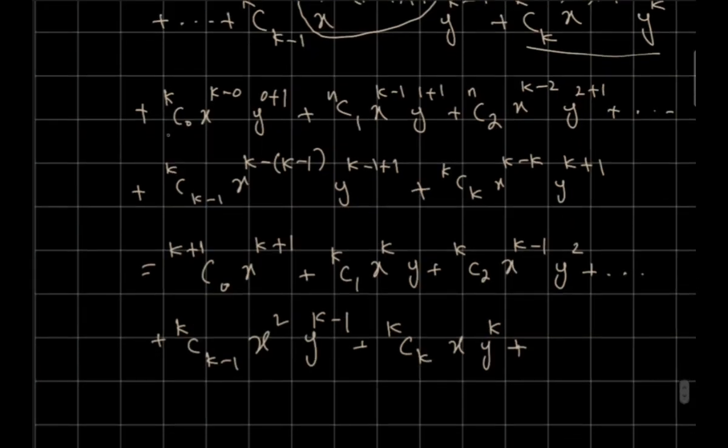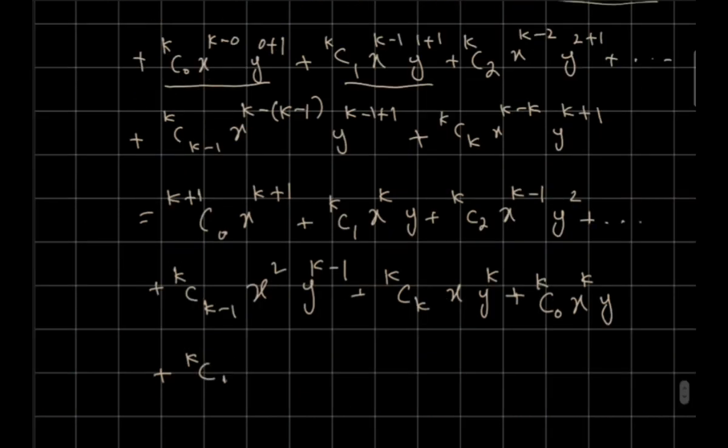Now look at this term. This is kC0 x to the k y to the 1. Okay, now look at this term. This is kC1 x to the k minus 1 y to the 2 plus, look at this term. This is kC2 x to the k minus 2 y to the power 3 dot dot dot.